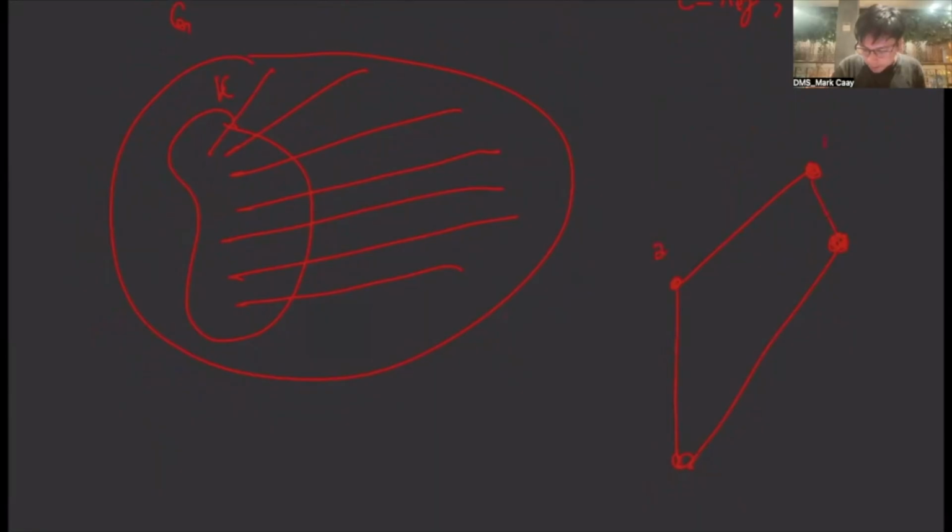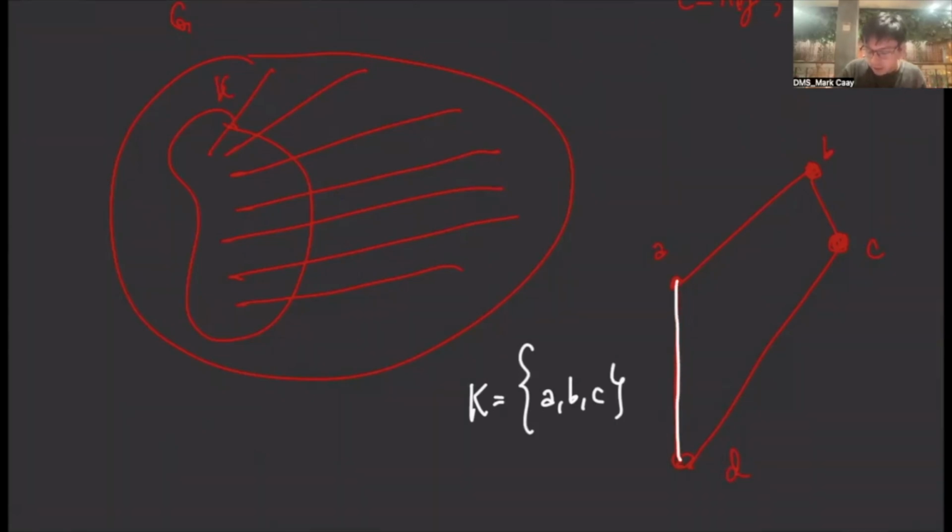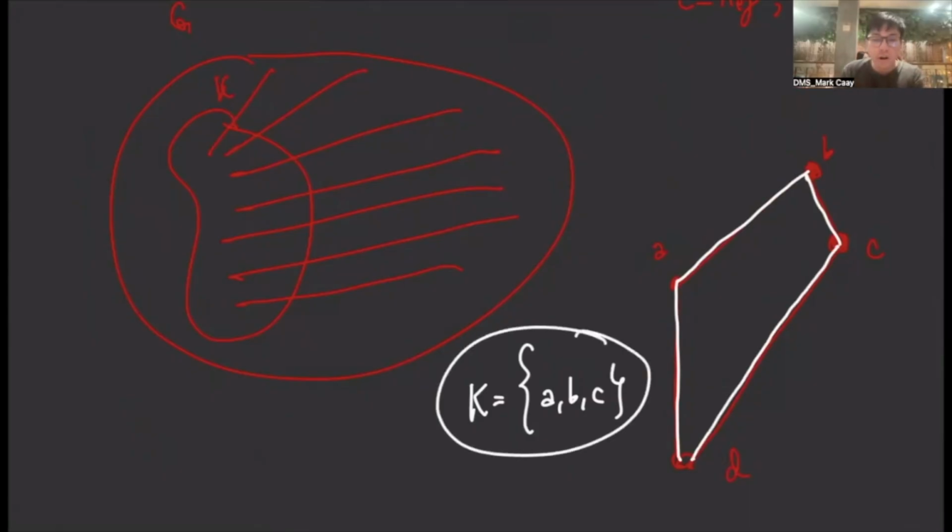So, I have A, B, C, D. So, if I have a set here, let's say, K equals A, B, and C. As you can see, this edge here is adjacent to A. Of course, this edge here is adjacent to A and B. This is also adjacent to B and C. And this one is incident to C. So therefore, this subset of the vertex set of G is a cover for that graph.